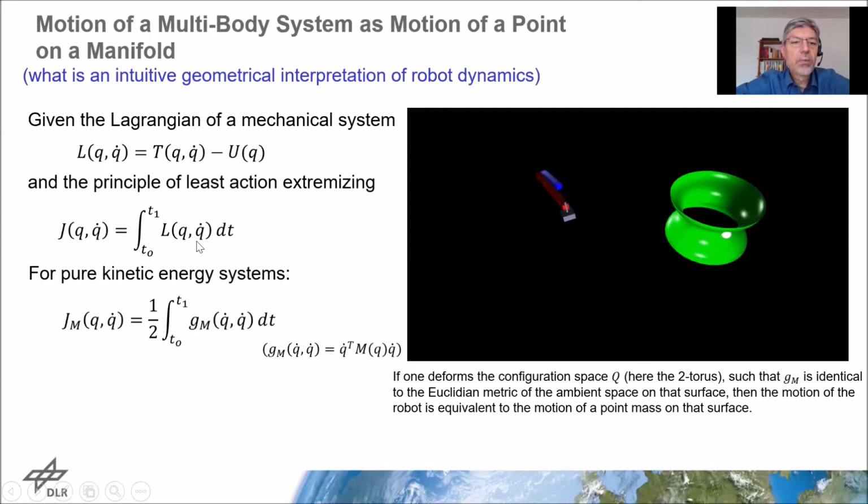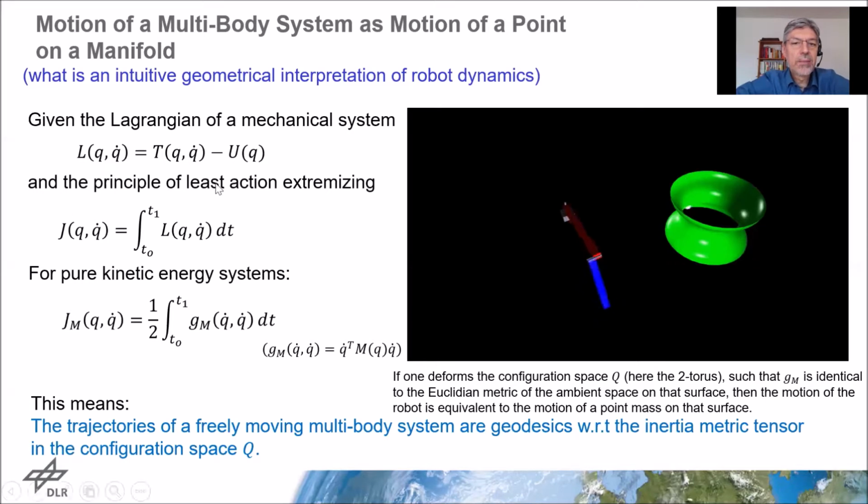Now, in the case that we have a system of pure inertia, so no potential function, then this reduces to extremising the arc length between the 2 points. And this means computing basically the arc length integral with respect to the inertia metric tensor.